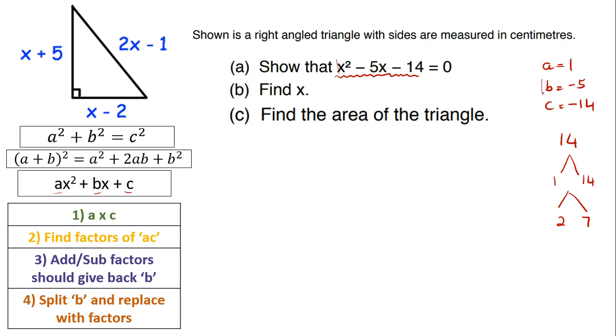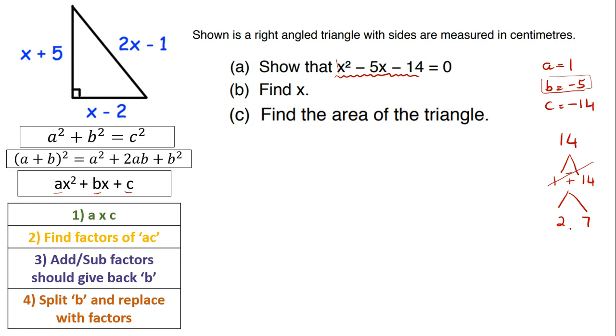Now my b is -5. I need to add or subtract these numbers so that I end up with -5. Now let's say if I do 1 plus 14, I get 15. If I do 1 minus 14, I get -13. If I do 14 minus 1, I get positive 13, which means no way am I getting -5 out of 1 and 14. So these are not the factors I'm taking.